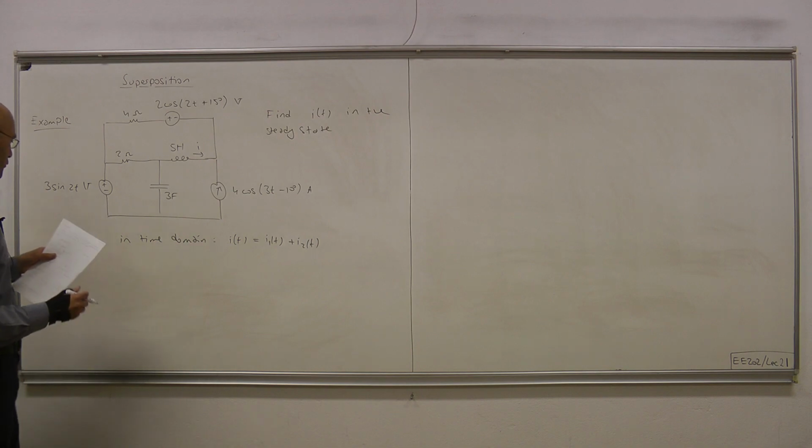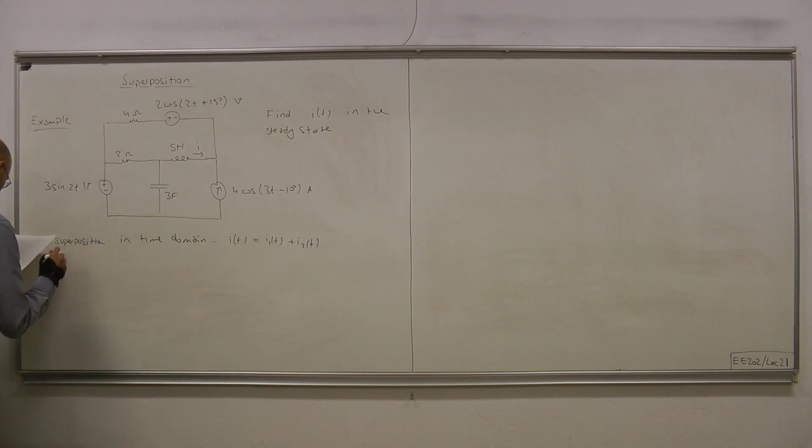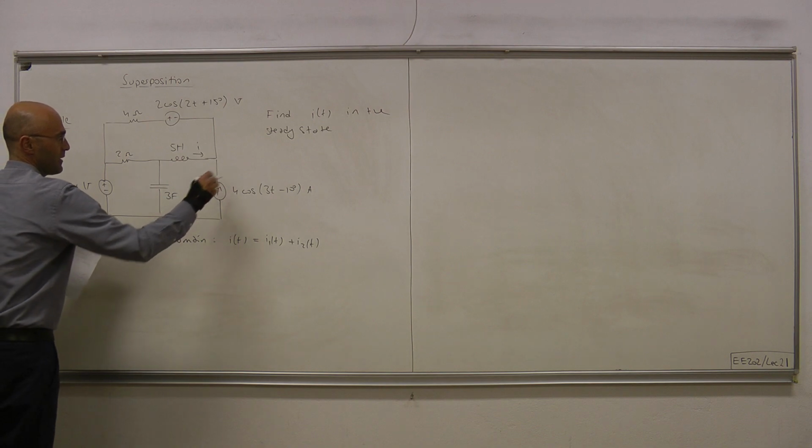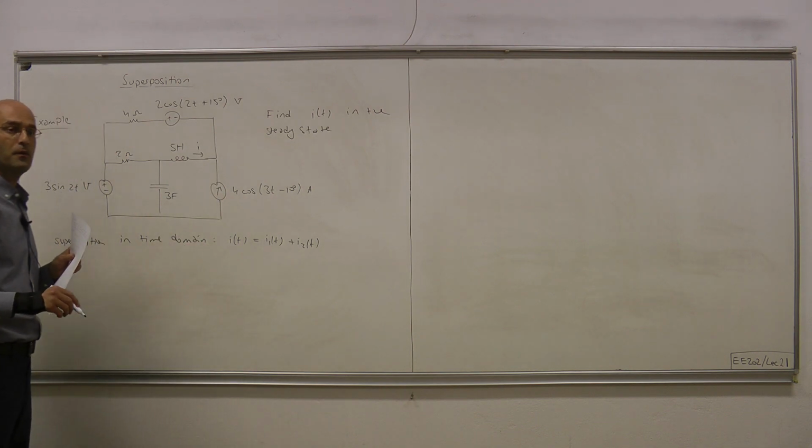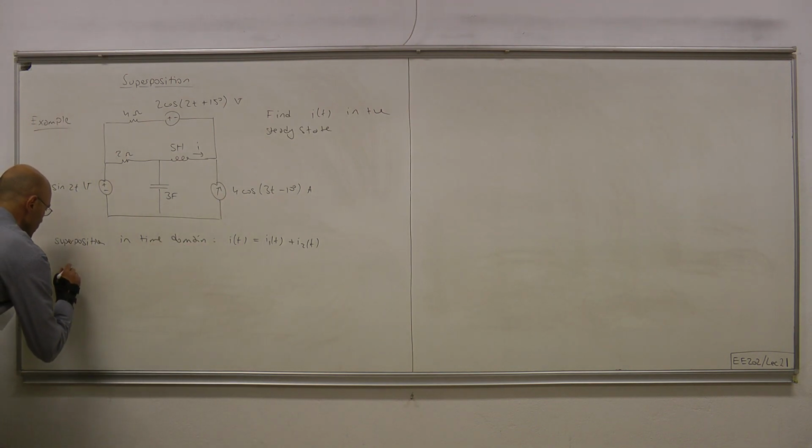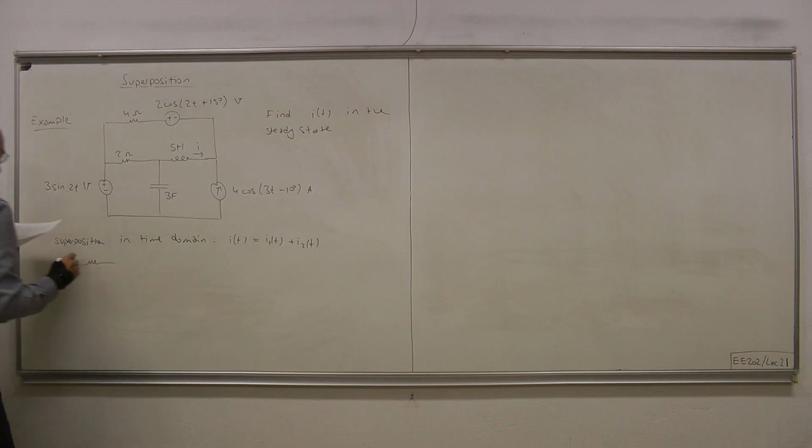More visually, what we're talking about is the following: kill the source operating at 3 radians per second, and what remains is the following circuit.